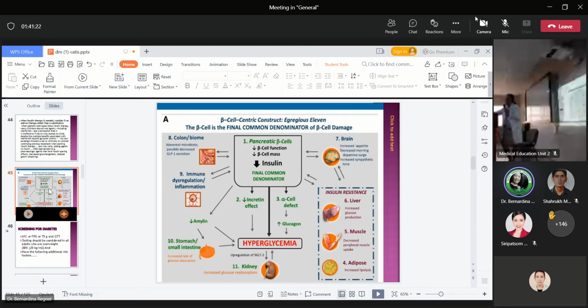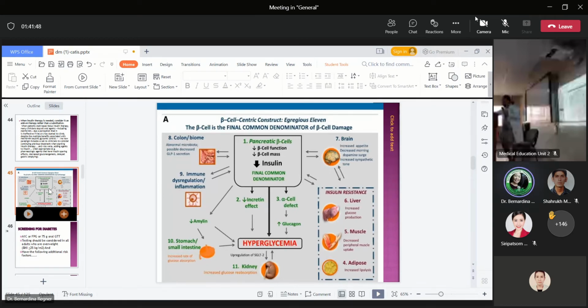So there is no uptake of glucose into the fat cells, decreased uptake of glucose in the muscle cells. So there will be decreased peripheral muscle uptake. Then in the liver, there is increased glucose production or increased hepatic glucose production.